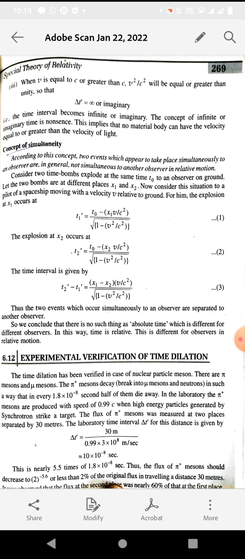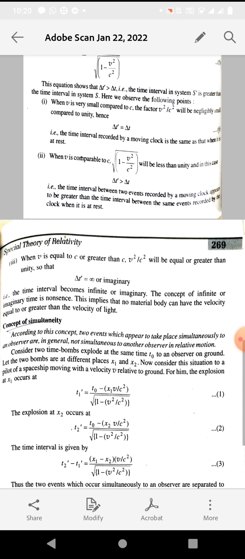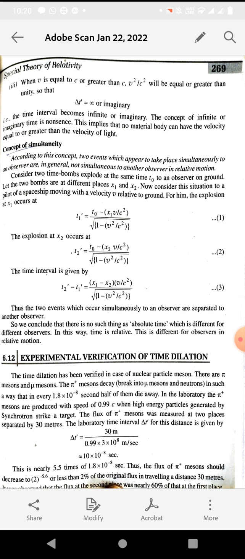This is given by the mathematical relation delta t dash equal to 10 to the power minus 10 seconds, in the case of pi meson decay. These are the special theory of relativity.